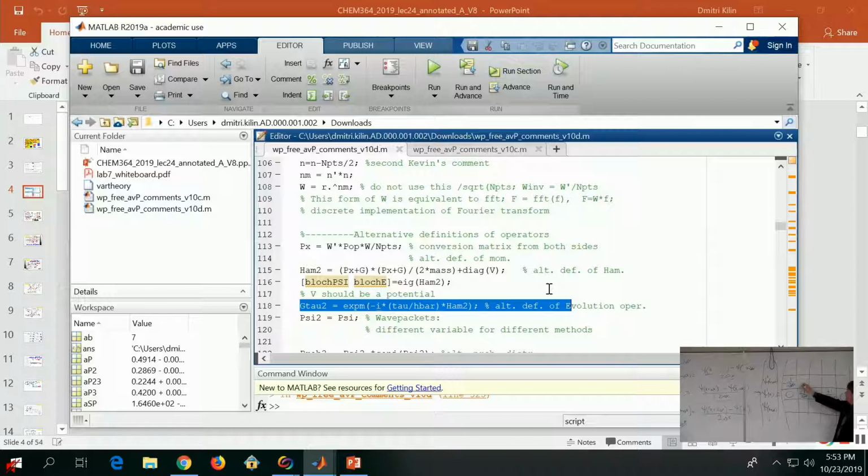Psi of x, 0; plus 1 over 2 delta x. Then 0, 0, 0. 0, -1, 0. 0.